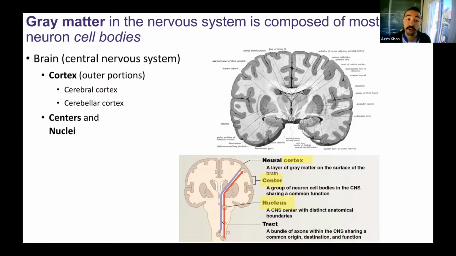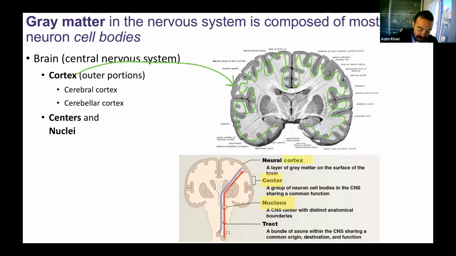But if we're looking for neuron cell bodies, neuron axons are in a different place. Neuron cell bodies are found in gray matter. This outer portion, the stuff that goes with all the gyri and sulci, this outer portion is cortex. Cortex is gray matter.